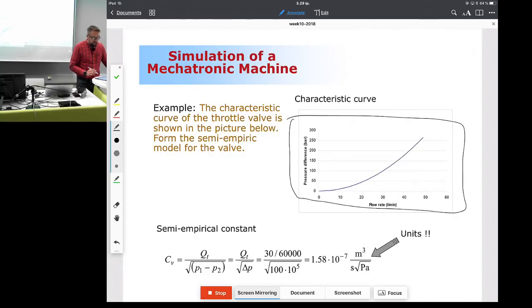Now in this characteristic curve, I have a curve that relates the pressure difference and the flow rate. The first important thing to look at is, how is this relation? Is it a linear relation or non-linear relation?